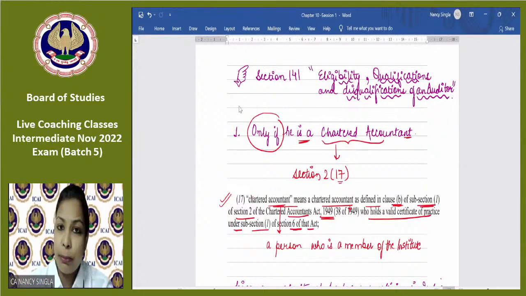So the person must be a chartered accountant under the CA Act 1949. Let us have a look at what clause (b) of subsection 1 of section 2 of the CA Act says.